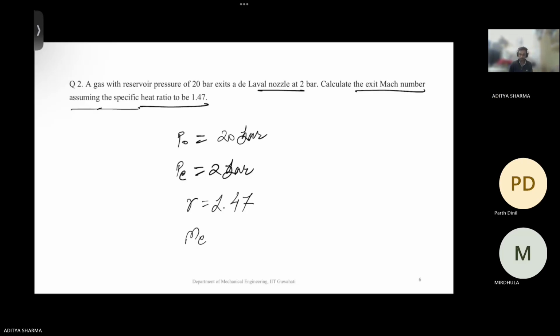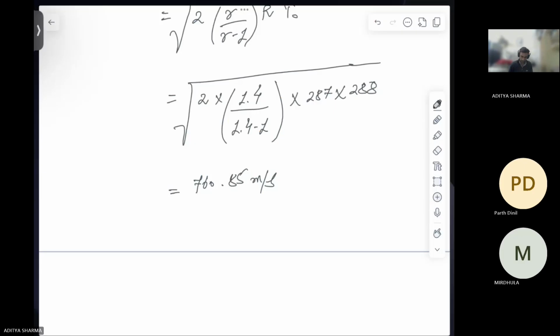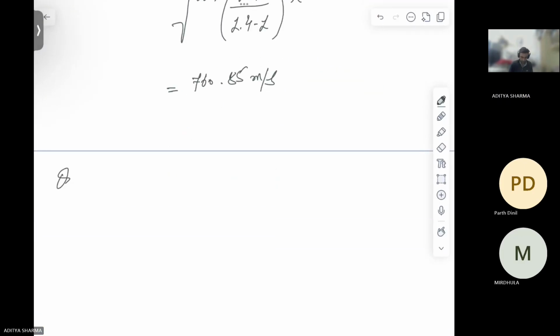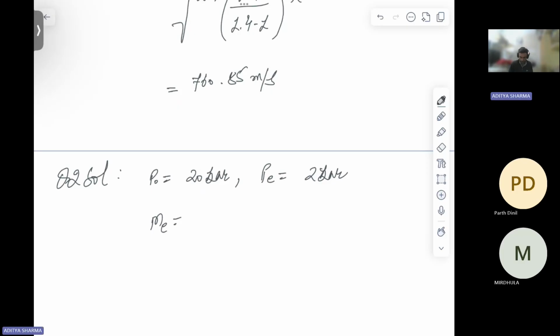P naught is 20 bar. P exit is 2 bar. Then Mach exit we don't know.